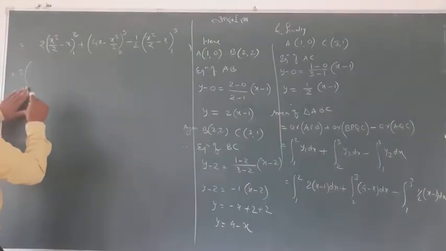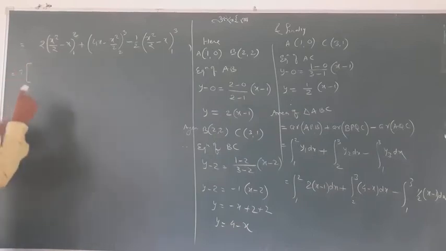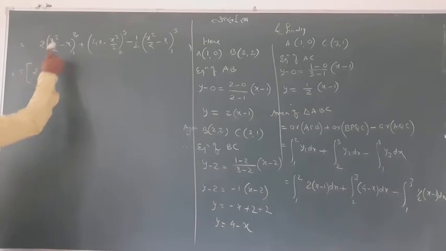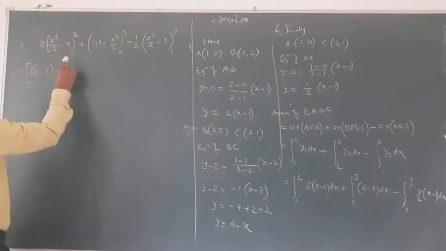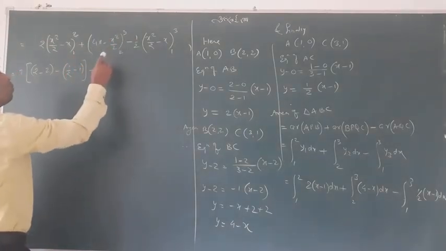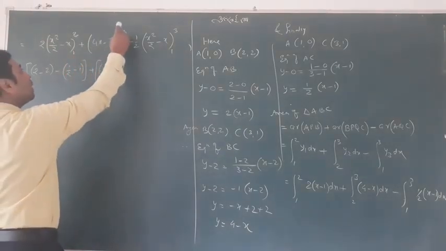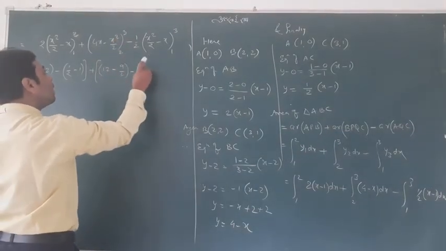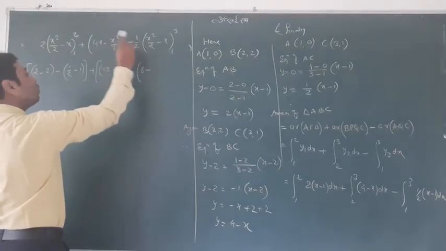Look at this. If I put 2, the upper limit gives 4 by 2, 2 minus 2, and the lower limit gives 1 by 2, 1. The upper limit is 4 times 3, 12 minus 9 by 2, and the lower limit is 8 minus 4 by 2, 2.